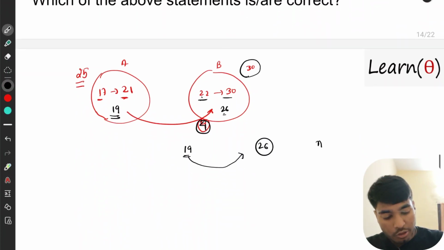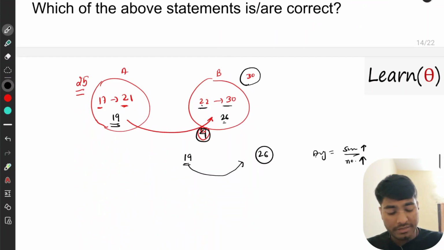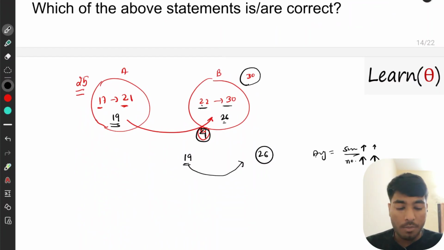So can I say that here, the formula of average is sum upon the number. The sum is increased, but the number is also increased. In this particular case, the sum is getting increased, but the number is increasing more compared to the sum, because people of lower marks are being added here.